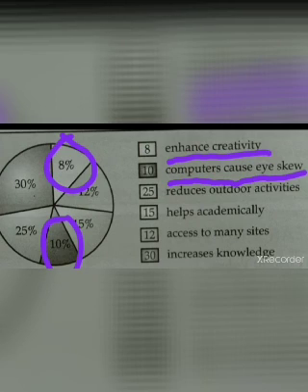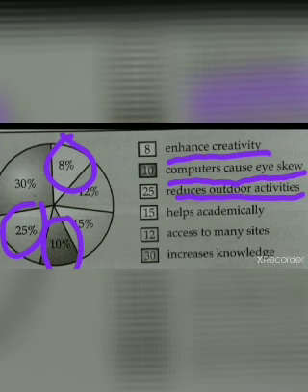Next one, 25. What about 25? 25% is here. 25 reduces outdoor activities. So 25% of children, when they use computers or information technology, only sit in their house and never go out of the house, and that reduces outdoor activities.